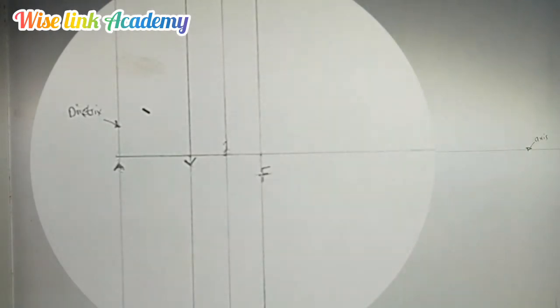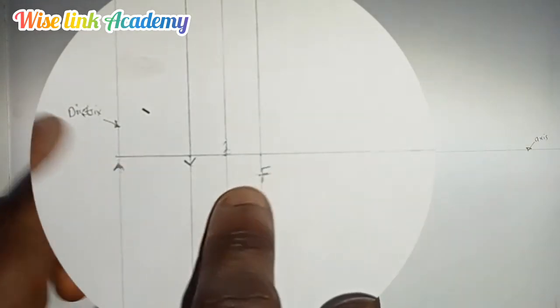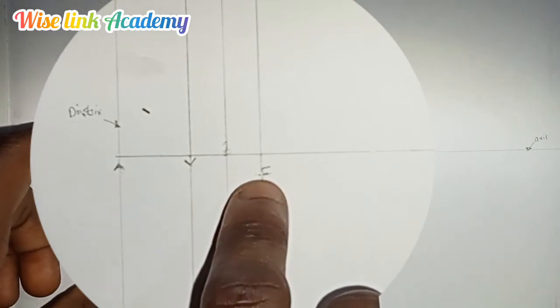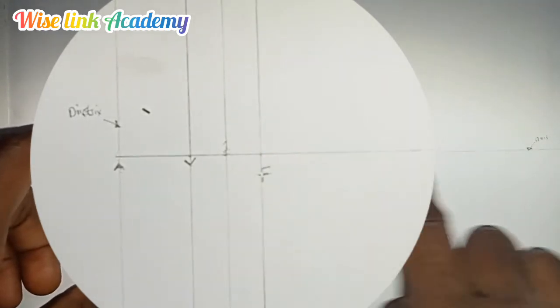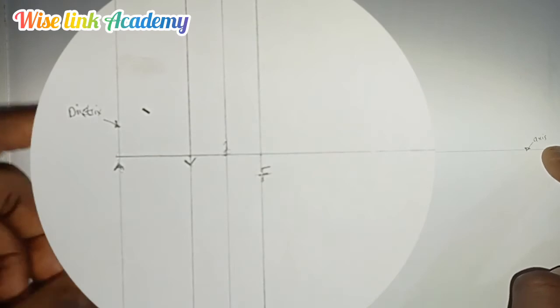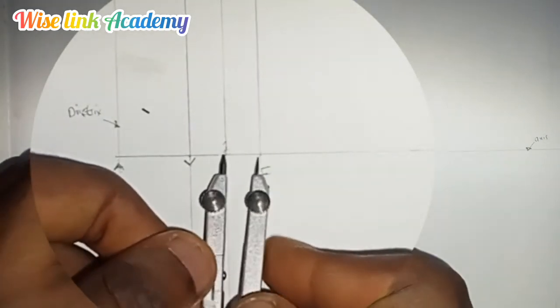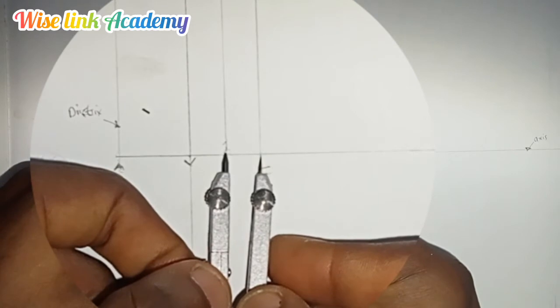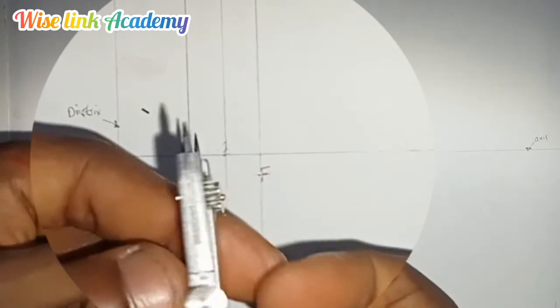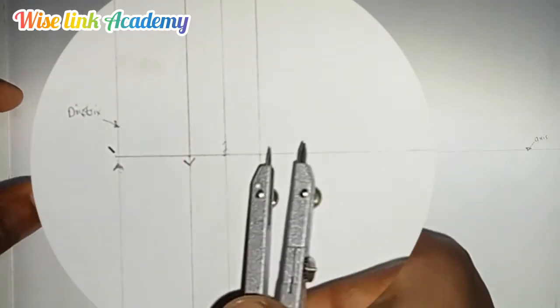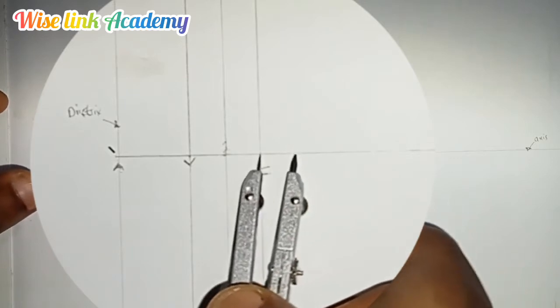You get that now? So the next thing to do is to transfer this measurement from here to here. You transfer it to this line, to the place of your desire. You hear that now? So doing that, you'll be having something like this. You take your measurement, you measure from your focal to that point 1. You can see that you use it to transfer the lines.